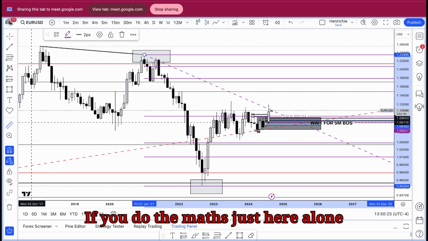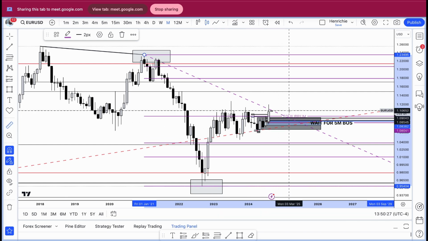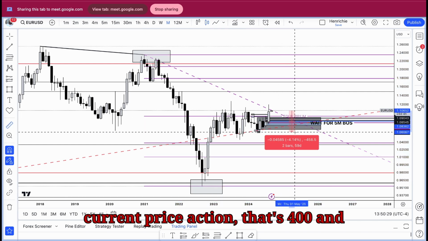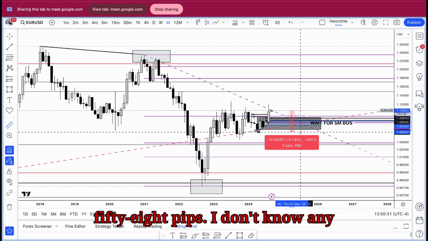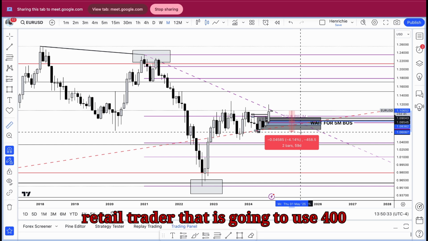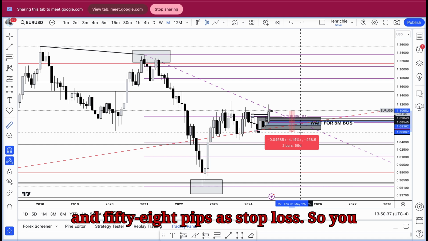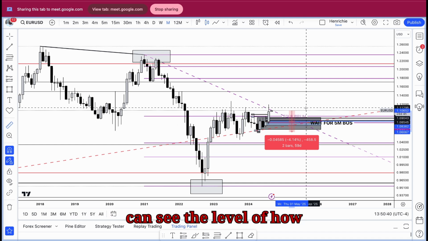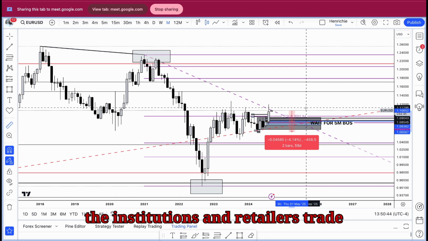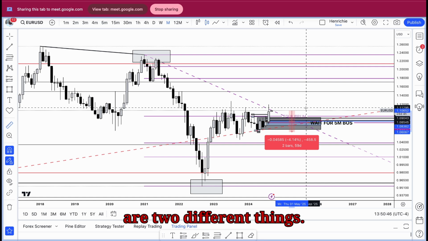If you do the maths, just here alone, from where we are right now to this current price action, that's 458 pips. I don't know any retail trader that is going to use 458 pips as stop loss. So you can see the level of how the institutions and retailers trade are two different things.